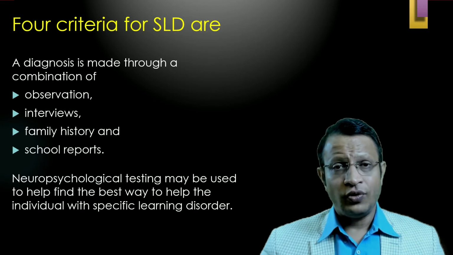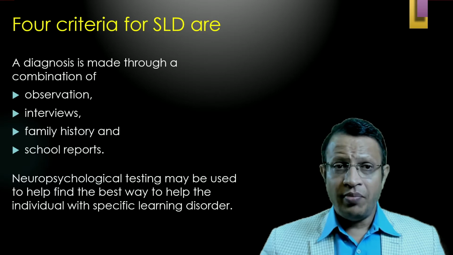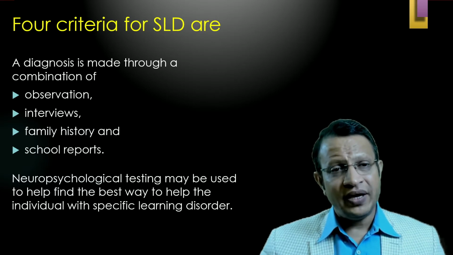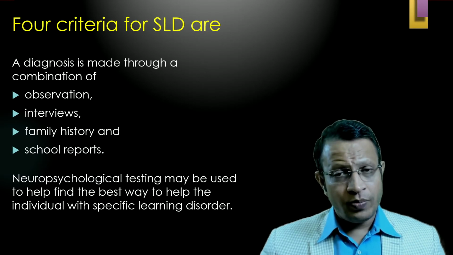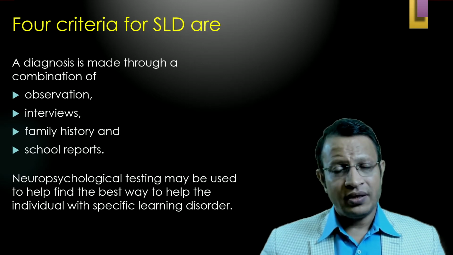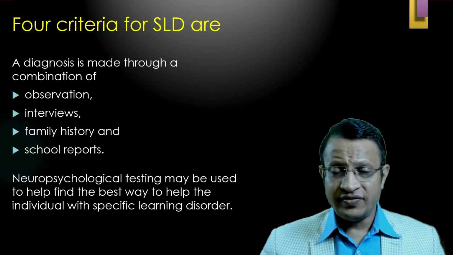Hence, for these four criteria of SLD, the diagnosis is made based on observation, interviewing the child and the parents, family history, and taking the school reports, that is the teacher's report, the child's homework, the child's notes, and if possible, the marks card and answer sheets of the child.